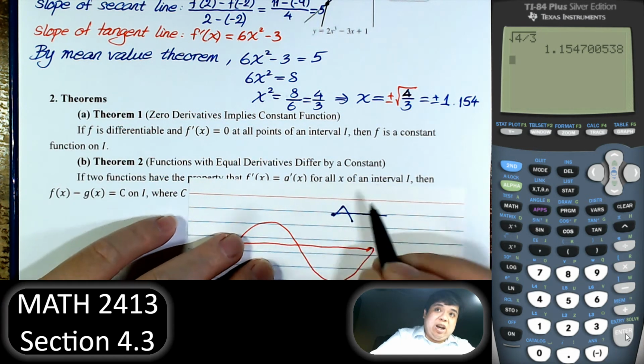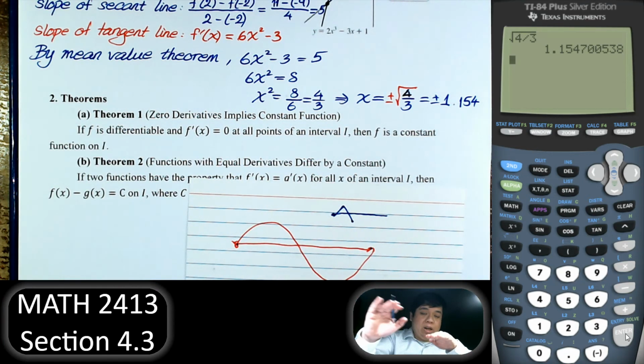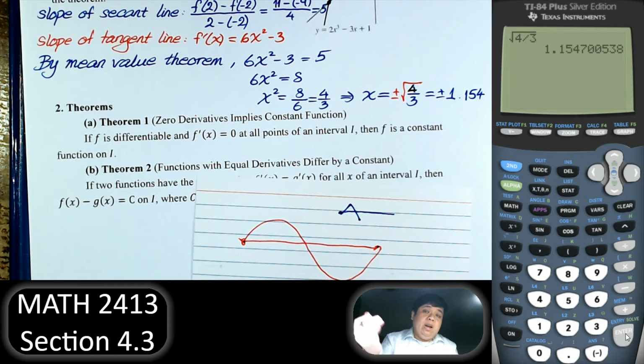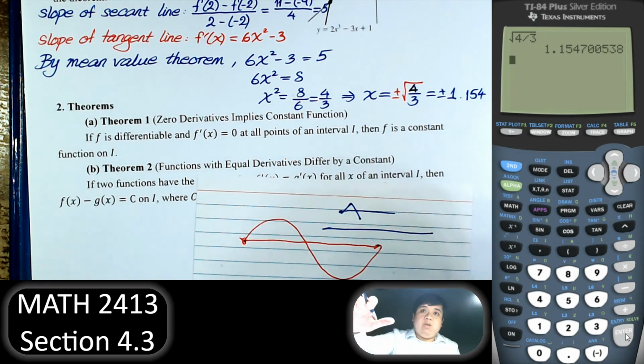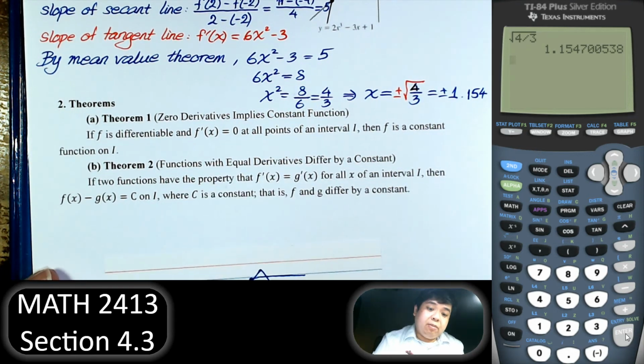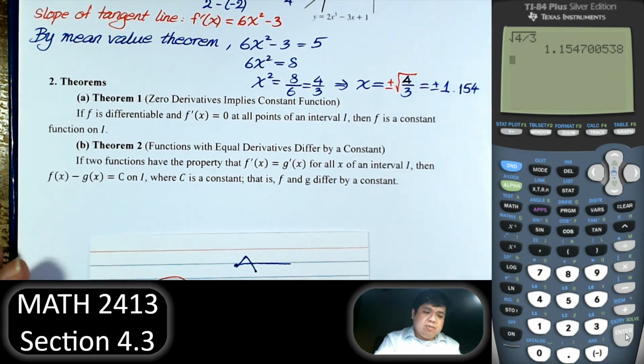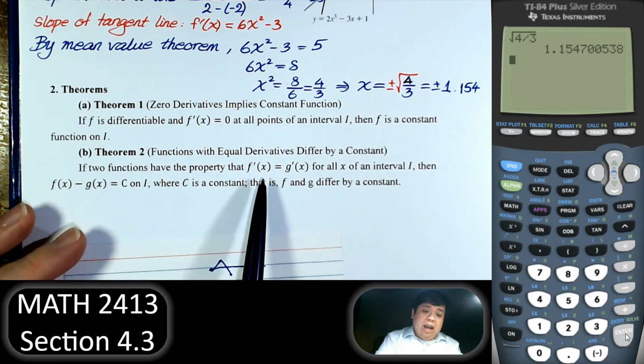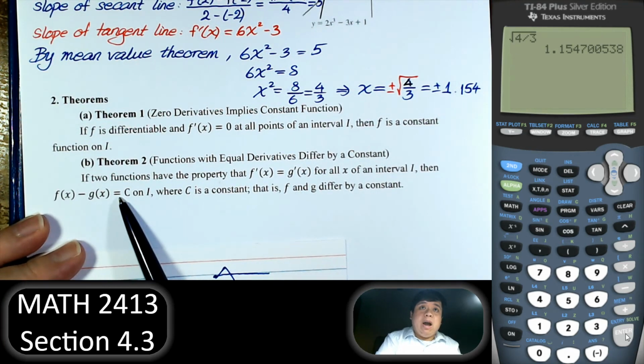So in that case, we cannot go either up or down, so it can only go straight. And if it is for the whole interval, then it must be going straight like that, and it must be a constant. And then next, if two functions have the same derivative, then they only differ by a constant.